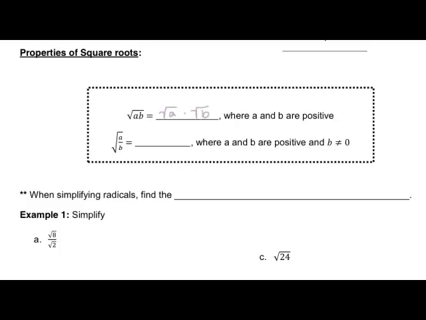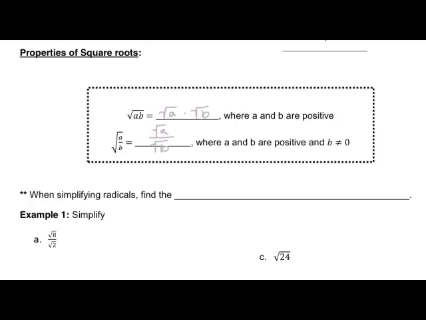The division property is similar. If we have the square root of a fraction, we can split this into the square root of the numerator over the square root of the denominator. Again, a and b are positive, and b cannot equal 0 because we can't have a 0 as the denominator. So we can use these two properties when we're simplifying radicals or simplifying square roots.